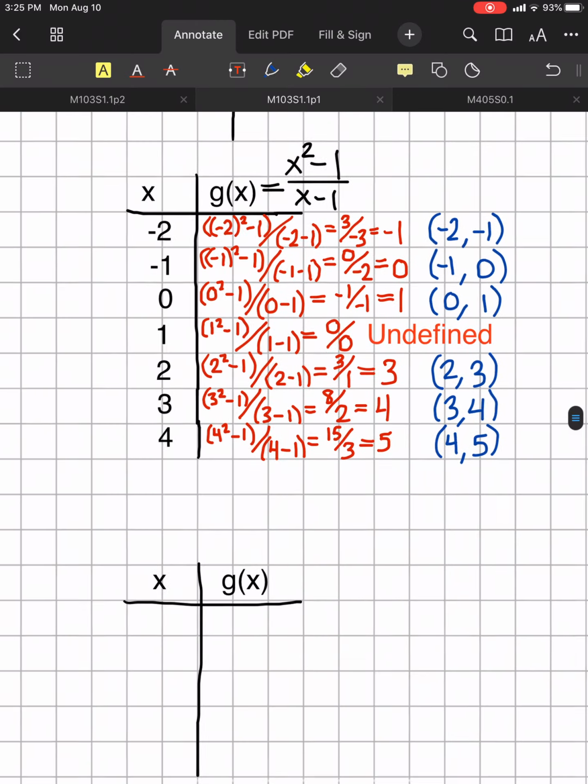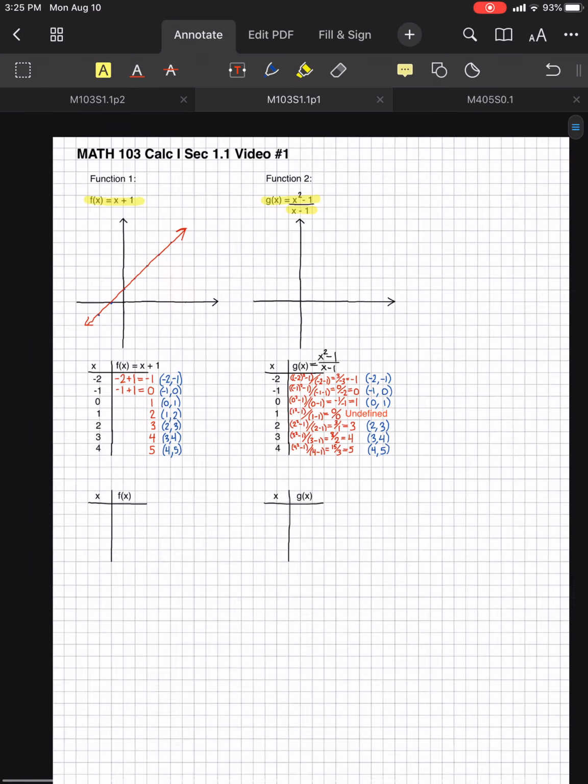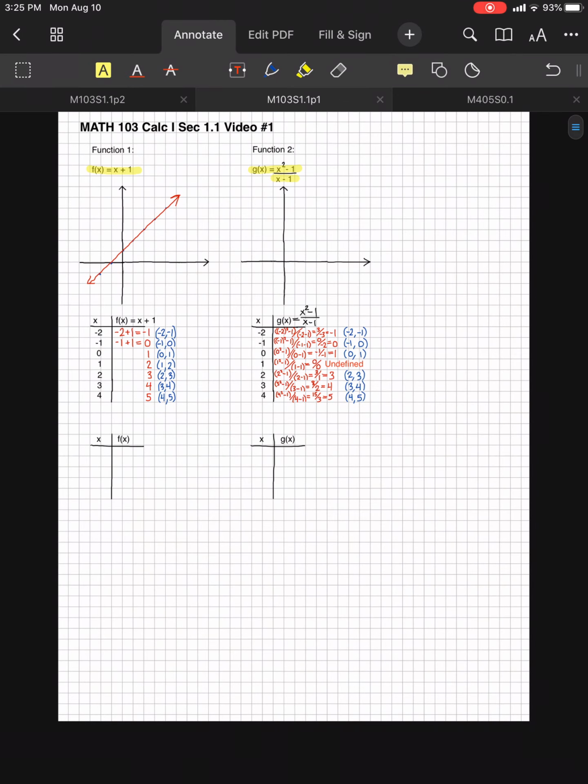And at this point, if we look back at our original function and the points we had, we'll notice everywhere we have a point, so each of the things that isn't undefined, we have the same point that we had originally. But we do have that one spot that's missing, that undefined value.